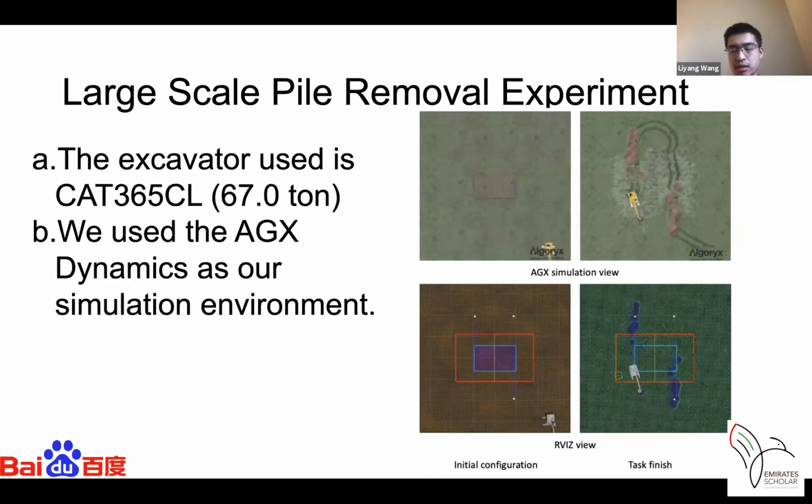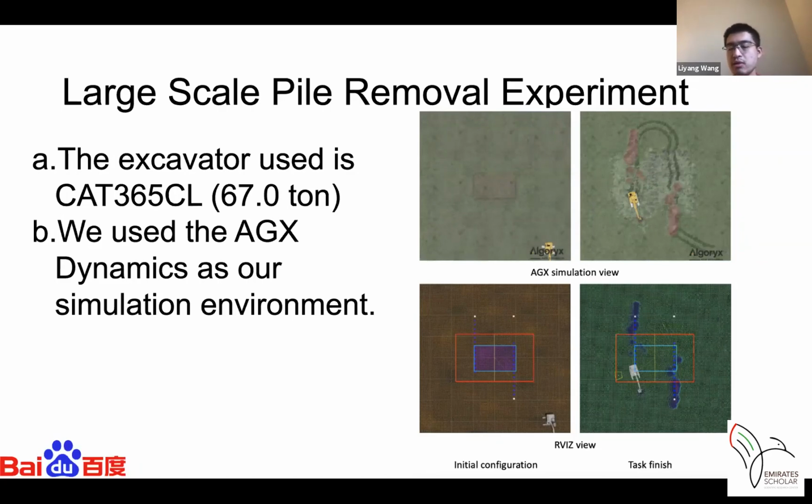In the bottom left figure, it starts to first remove the right-hand side and push forward, and then it performs a U-turn and walks on the left-hand side of the terrain, and finally it completely removes the entire soil.